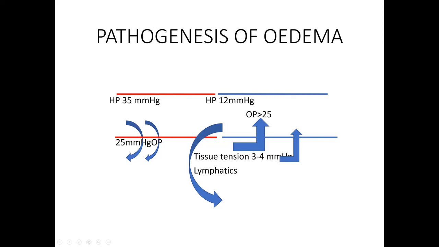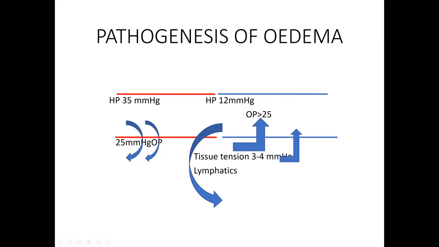Now, at the venous end, which is marked with blue lines, you can well appreciate that colloid osmotic pressure is 25 millimeter of mercury, whereas hydrostatic pressure is about 12 millimeter of mercury. With the result, the fluid is reabsorbed at this end.